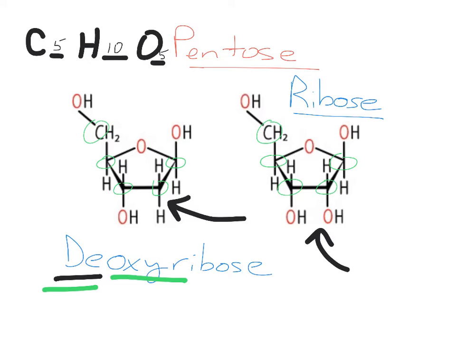So now let's also remember that when you're numbering the carbons, when you're trying to label the carbons so that we can all have reference points for our discussion about DNA and RNA, you have to consider which carbon's which.